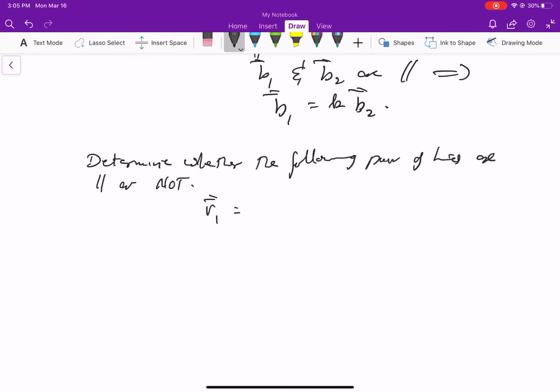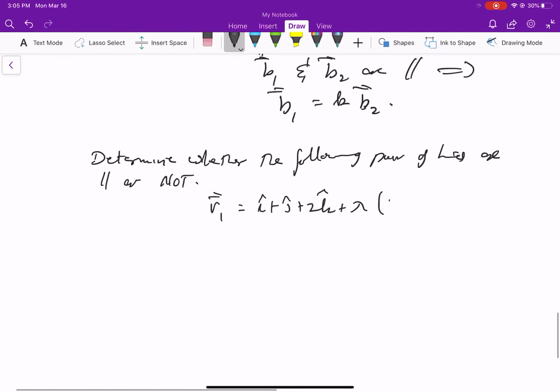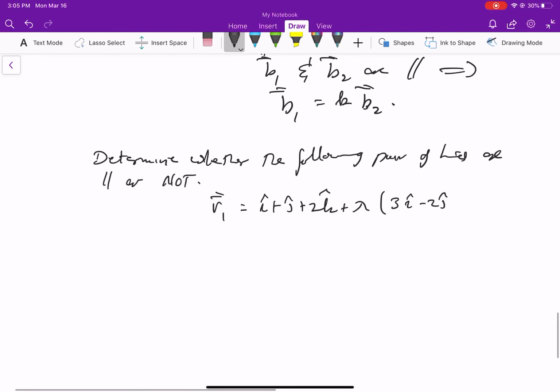R1 is equal to i plus j plus 2k plus lambda into 3i minus 2j plus 4k.